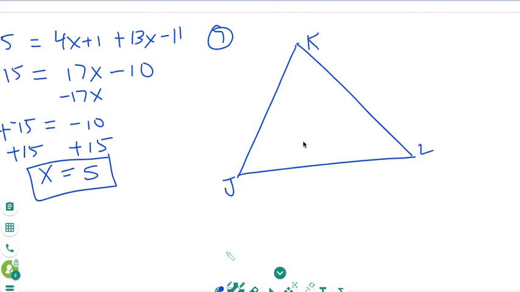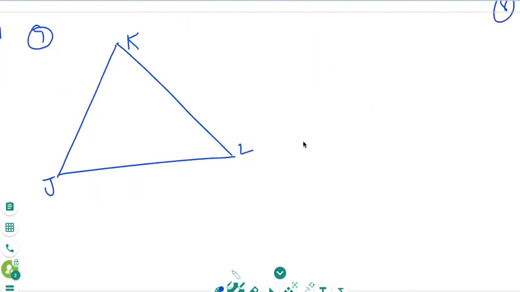Number 7, you have to draw your figures, so we know we're going to have a triangle JKL. We have J is 7 less than L, so that means L is going to have to be x, and then this would be x minus 7.